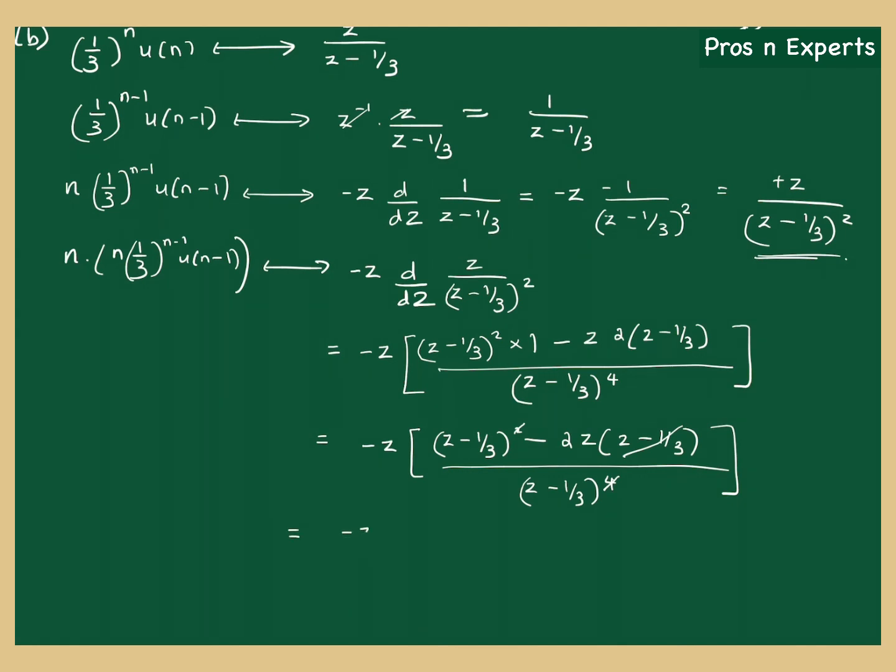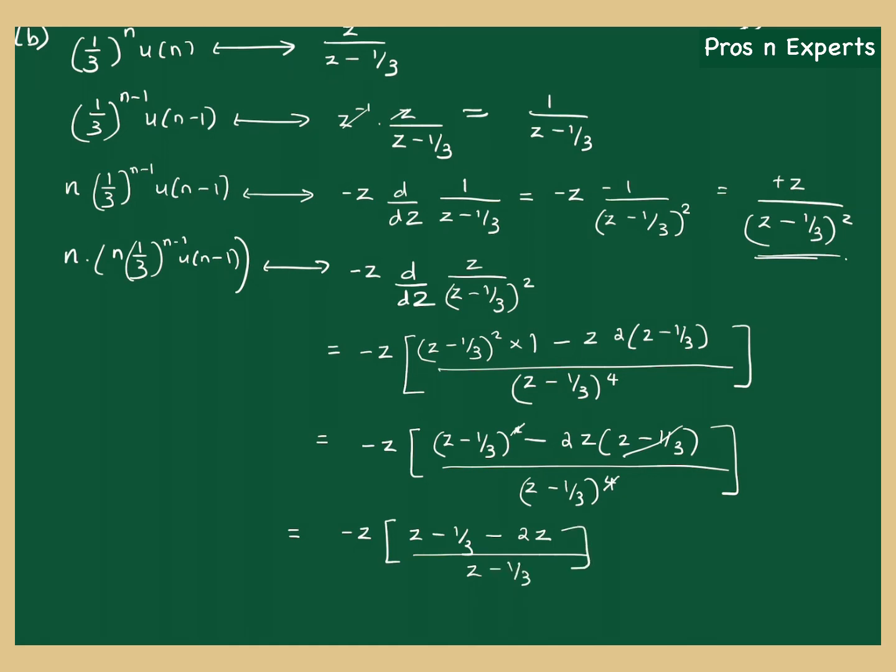Only one power is cancelled, so (z minus 1 by 3) minus 2z, whole divided by (z minus 1 by 3).